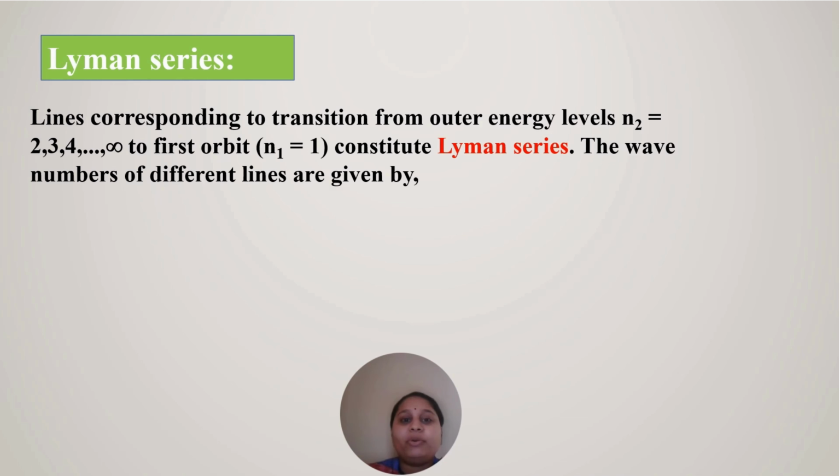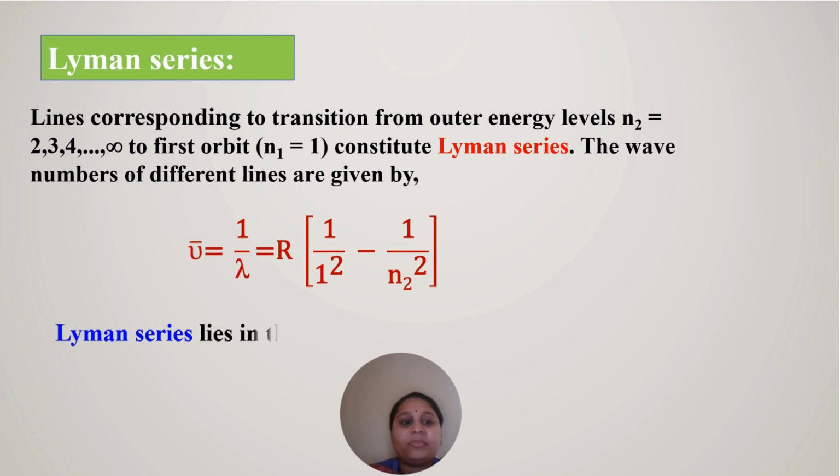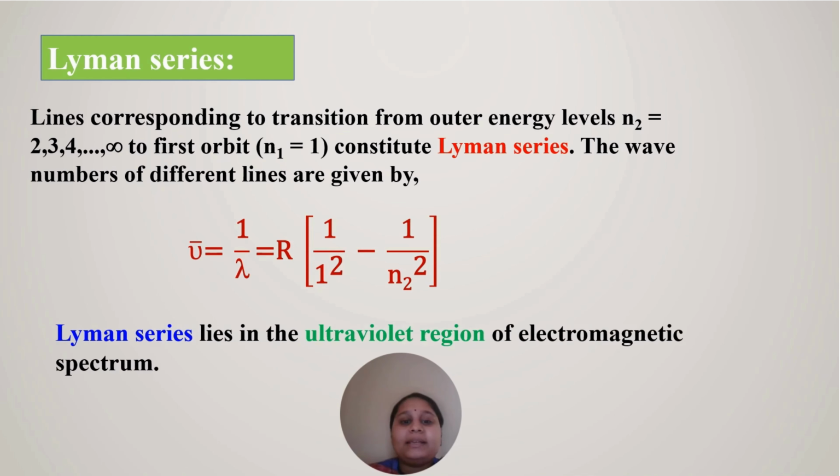We substitute into this formula to get the lines. The Lyman series lies in the ultraviolet region of the electromagnetic spectrum, with n1 equals 1 and n2 equals 2, 3, and so on.